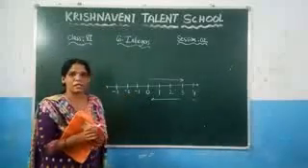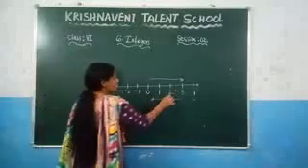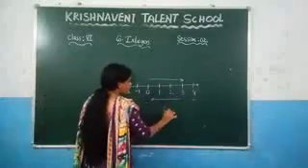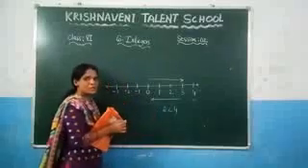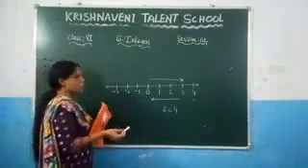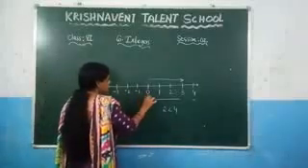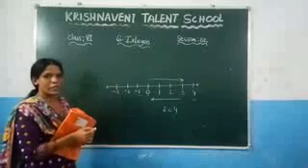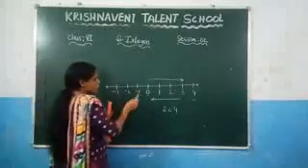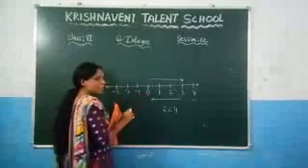Based on this condition, if you consider any two numbers, say 2 and 4, you can write 2 is less than 4, because you are going to the right side of the number line, so the number will be increasing. Now, let us suppose -1 and 0. Here you can observe that -1 is the smaller number compared to 0.